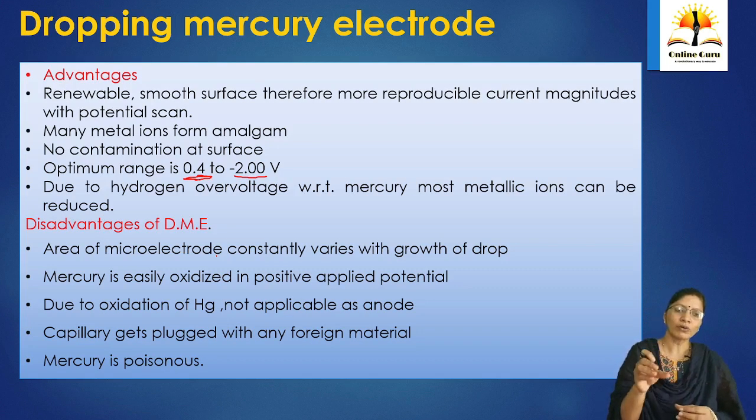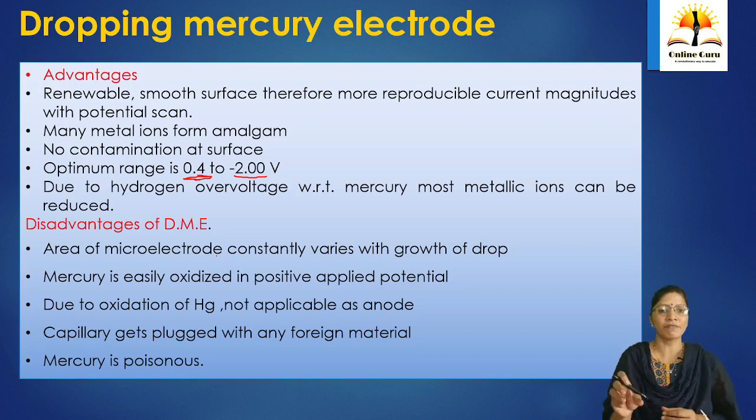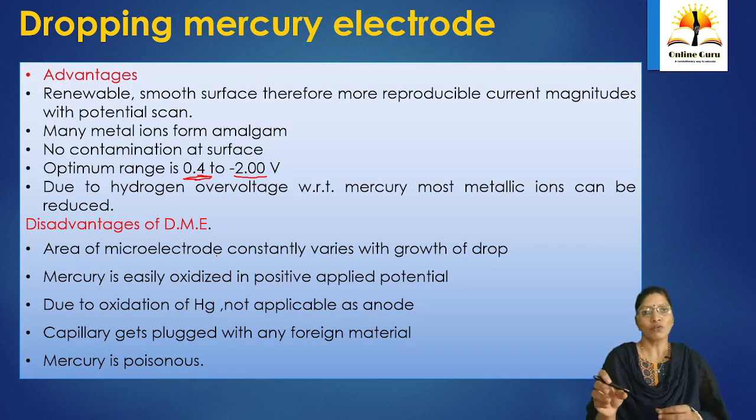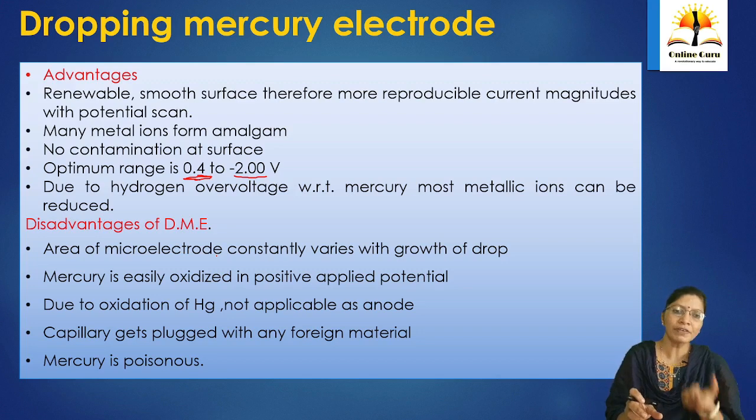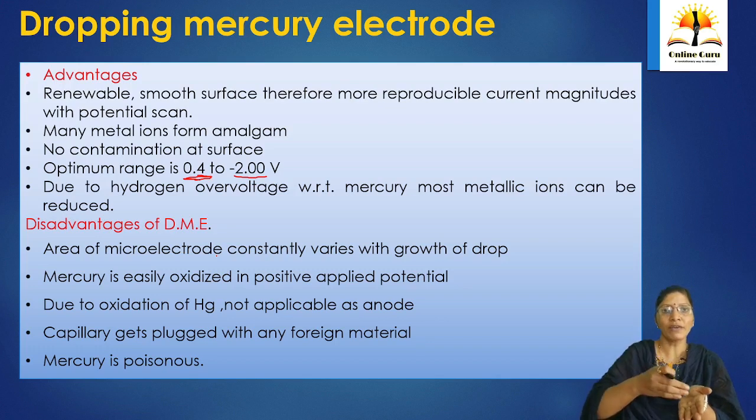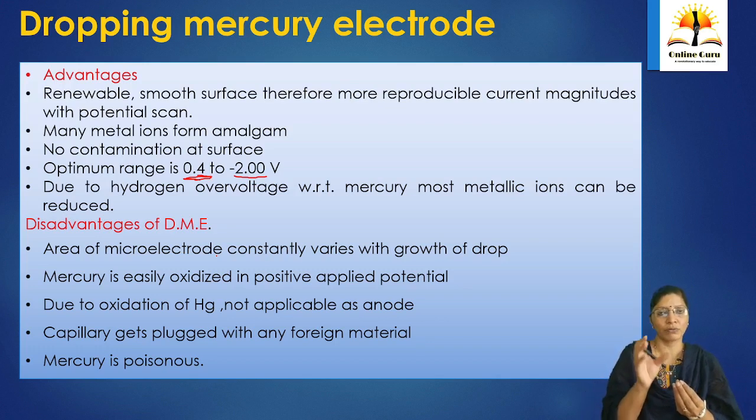The area of the micro electrode constantly varies with the growth of the drop. So you have a drop formation process: from a smaller size, it forms a drop of larger magnitude and gets detached. What happens with this? As you are changing the area, obviously the current value will also fluctuate. So there will be a certain noise created with the growth of the micro electrode.